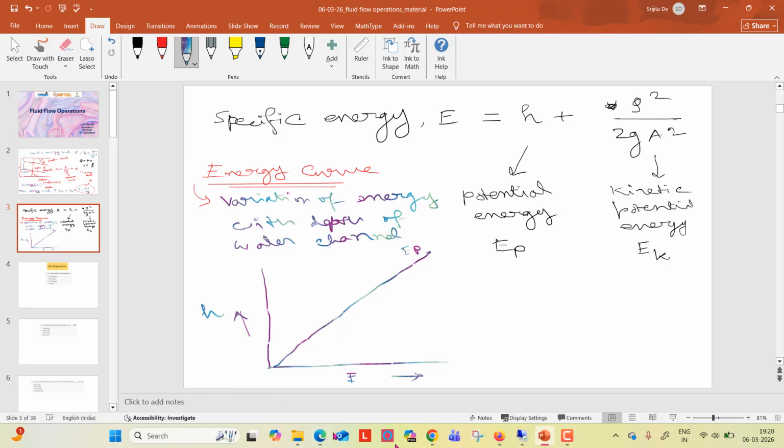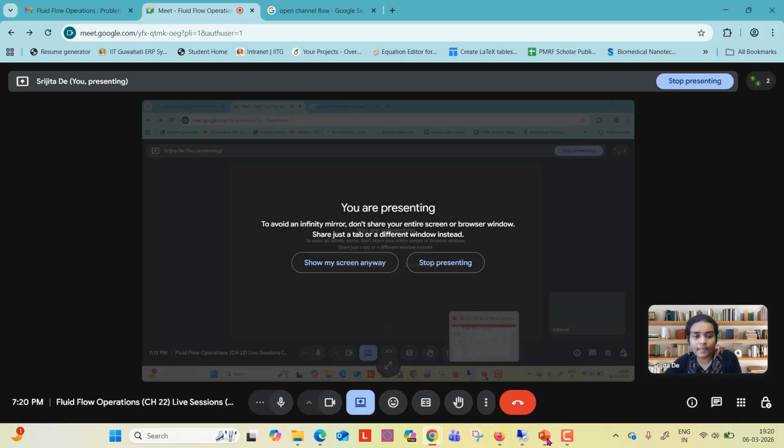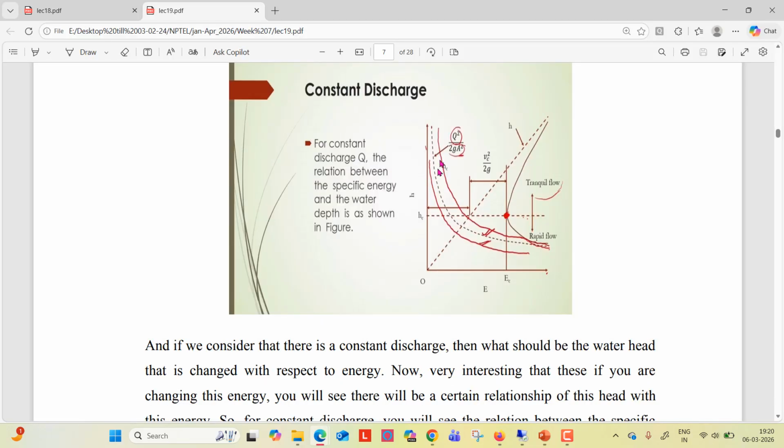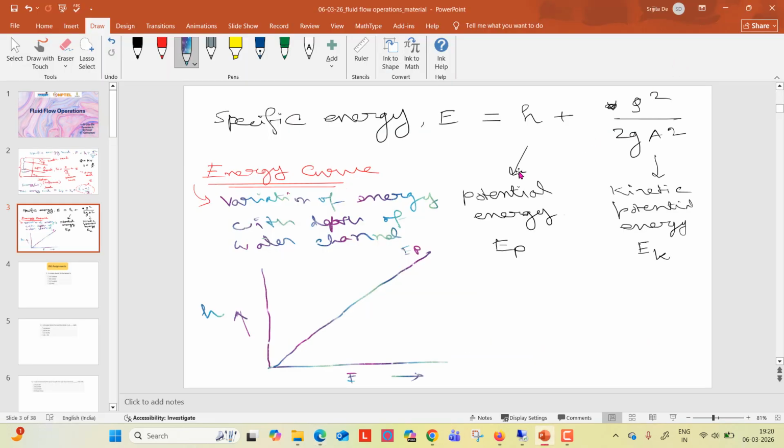And there is a second curve, which is your parabolic curve. This is your EK curve, the kinetic specific energy curve.